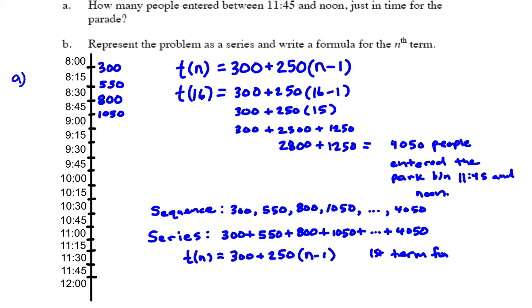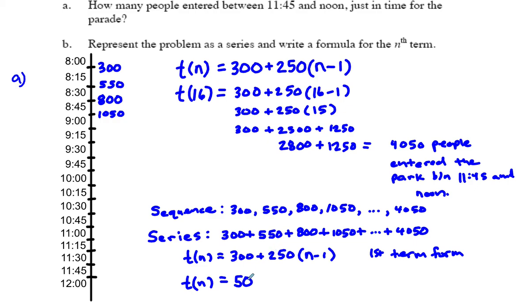You're used to the 0th term form, where we actually use something like slope-intercept form and have the y-intercept listed. What that would look like here would be T of n equals, now instead of having 300 here, we would have 50. So if you did it this way, you can check to see if this is right.